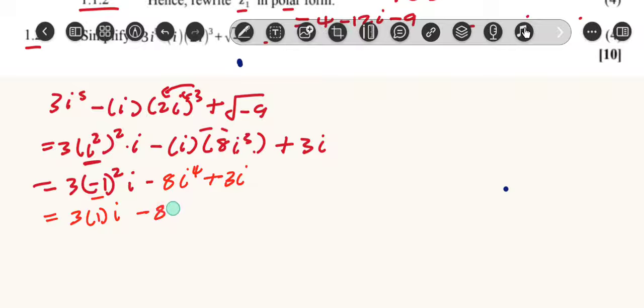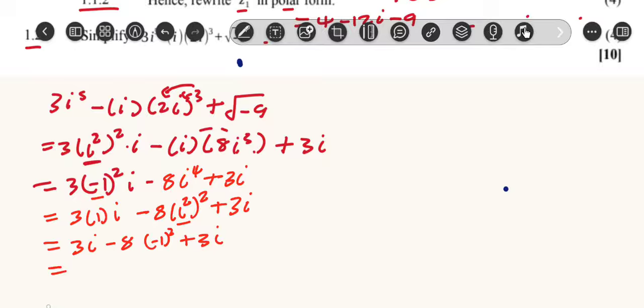We can rewrite this as i squared raised to the power of 2, plus 3i. Then this simply equals 3i minus 8, but this is minus 1 raised to the power of 2, plus 3i.